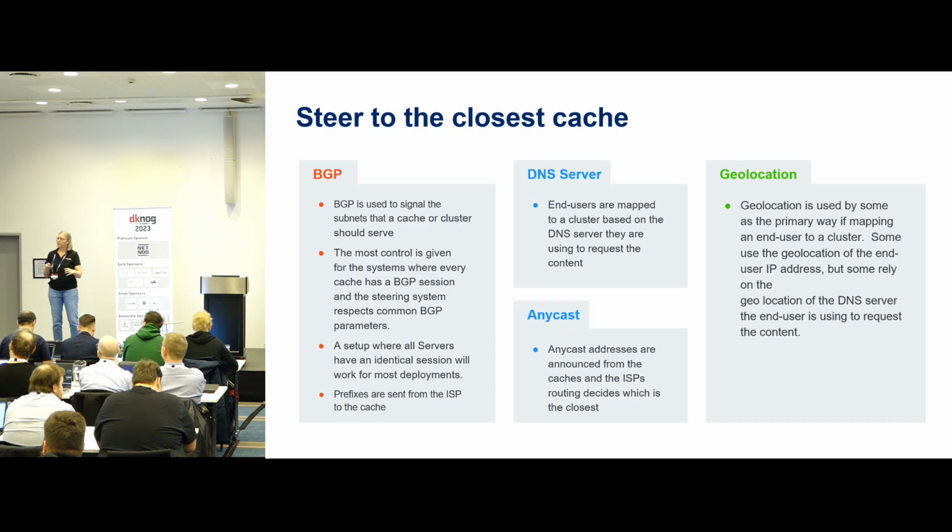It is very common that an embedded solution has a BGP session from either a cluster or from each of the individual servers that you are embedding, or maybe a single BGP feed from you to the CDN. And what is signaled on the BGP session? Usually, it is the subnets that are allowed to be served by this cache or by this embedded solution.